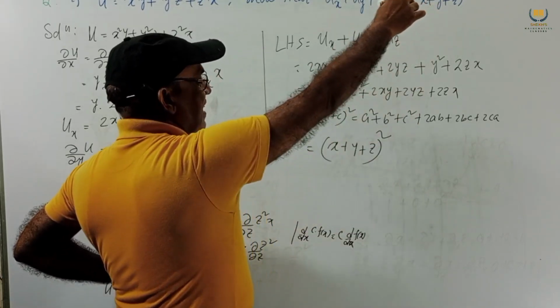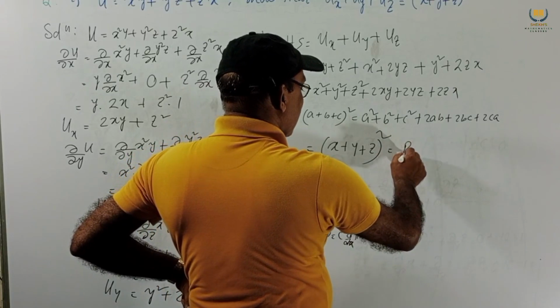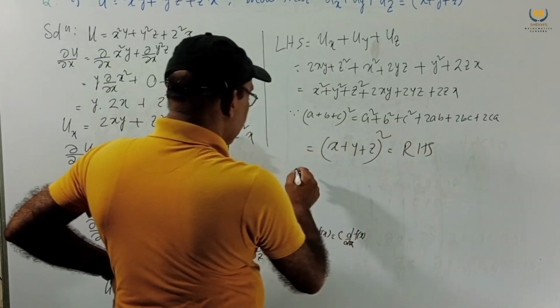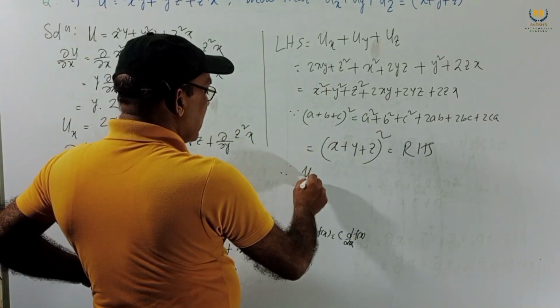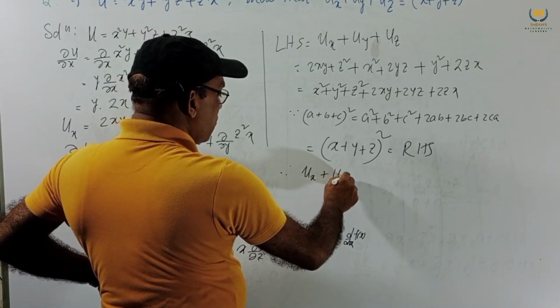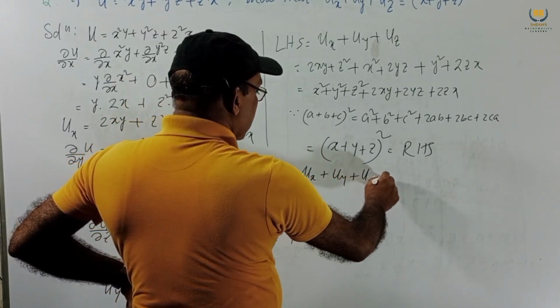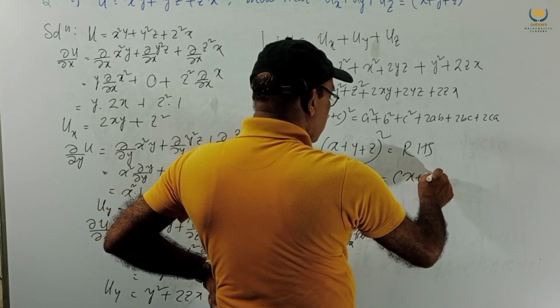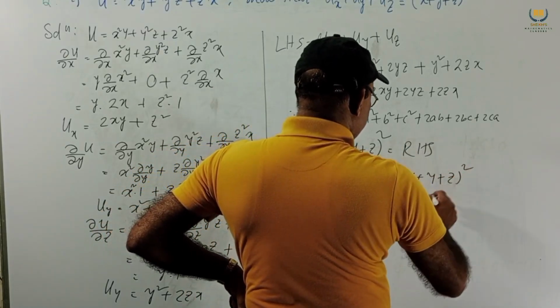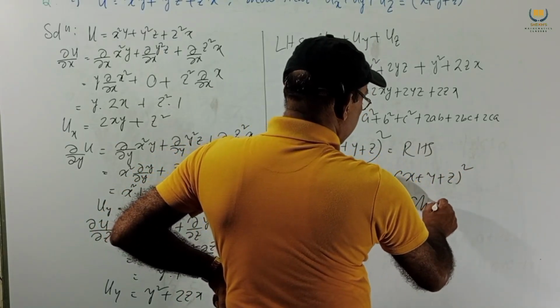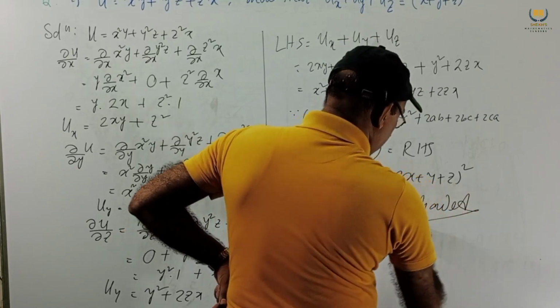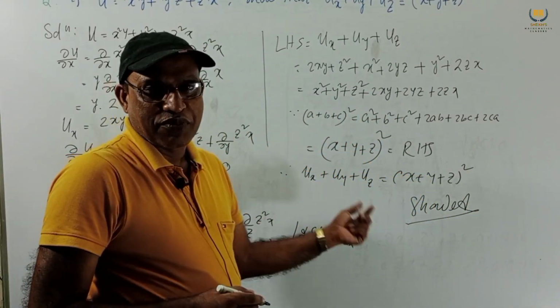So this is our right hand side we get. Therefore what we get? ux plus uy plus uz equal to x plus y plus z whole square. This is our answer. Very nice solution, very easy, very simple also.